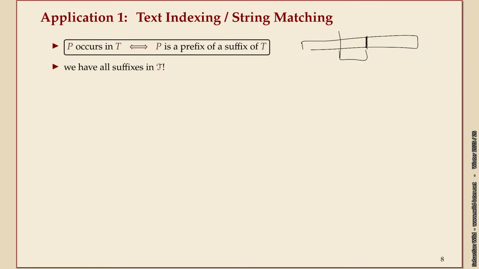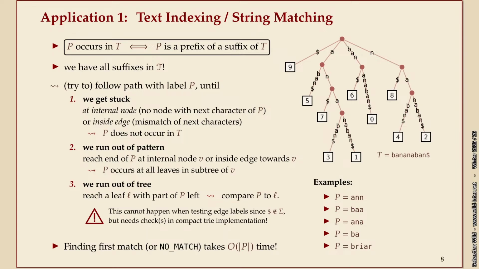That's the idea. In more structured terms, what you do depends on how the tree and the pattern continues. You start at the root, and there's different options of what can happen. One option is that we get stuck and cannot continue reading with the character that is in the pattern.